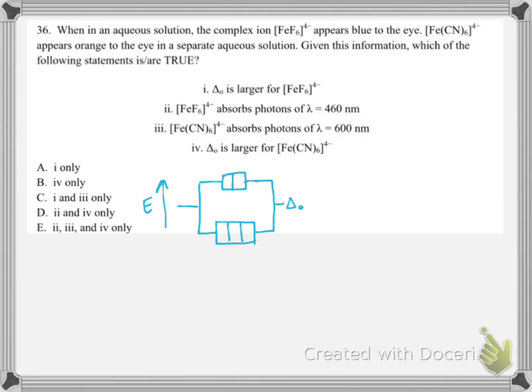Okay, so in problem 36 we have two iron complexes. We have one that's blue and one that's orange.